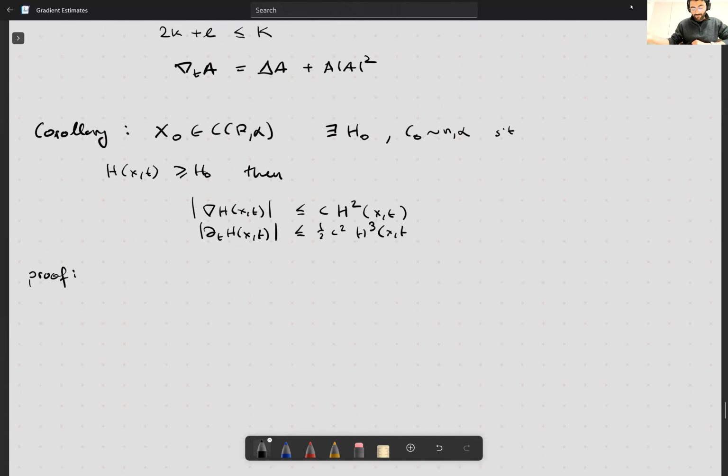And you can also bound the time derivative of H. So, we already have bounds on A and on the derivatives of A, so we just need to use these properties. Okay, and then that's it.